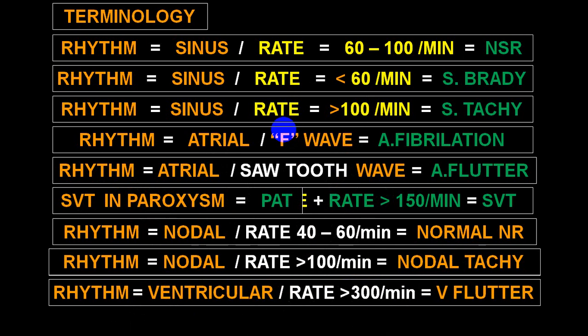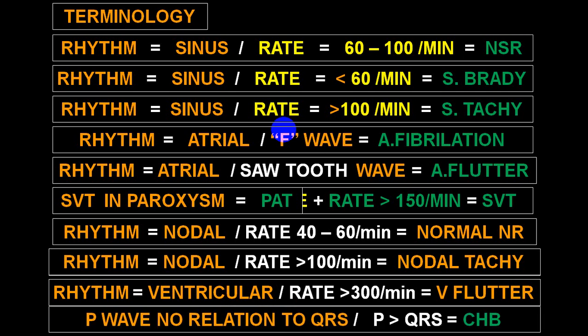And if the rhythm is ventricular and the rate is more than 300, and you can identify a QRS complex, then we call that ventricular flutter. And if the P wave has no relation to the QRS complex, the P wave rate is more than the QRS complex rate, the P wave is independent, the QRS complex is independent, and the atrial rate is faster than the ventricular rate, we call that complete heart block.